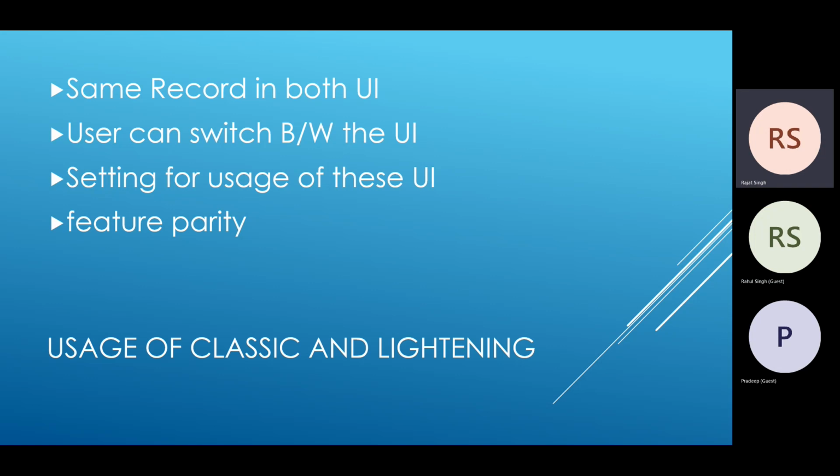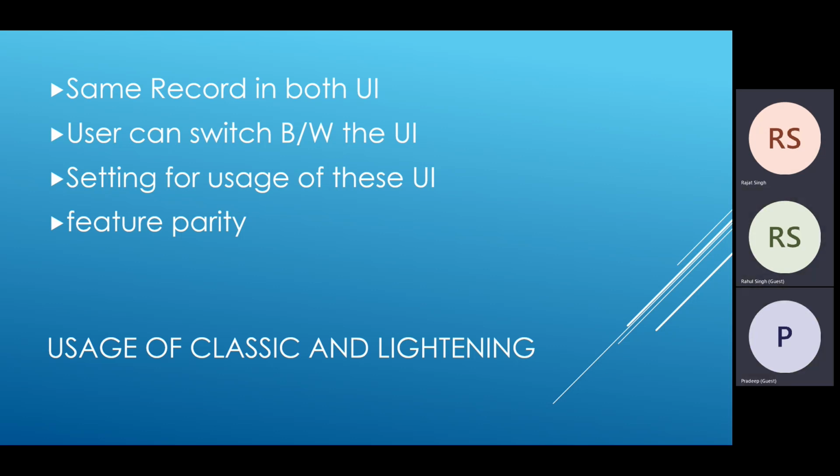A user can switch between the UIs, and as the admin you can set that all users should use only Classic, or all users should use only the Lightning UI.